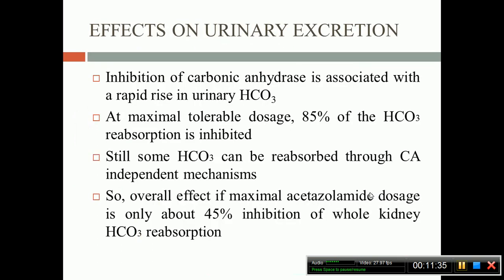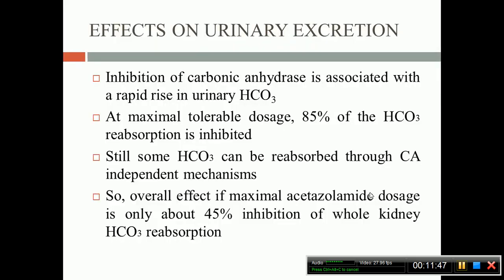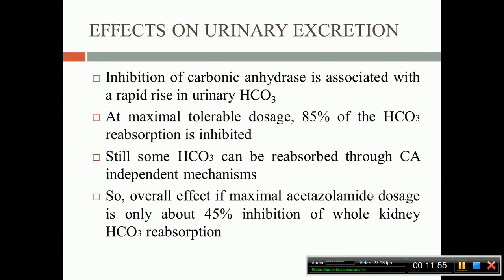So, effects on urinary excretion. This slide will tell you what will be excreted out in urine once you administer carbonic anhydrase inhibitors. And among carbonic anhydrase inhibitors, we have different drugs, like acetazolamide, which is the most important one.